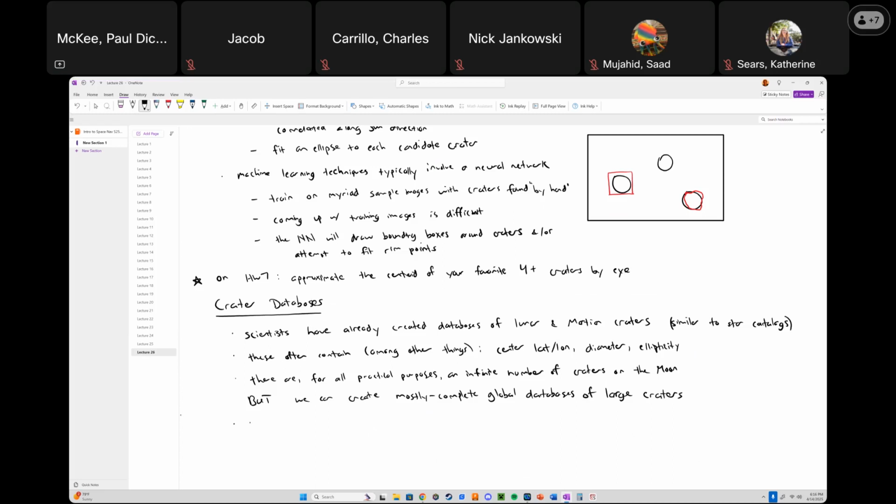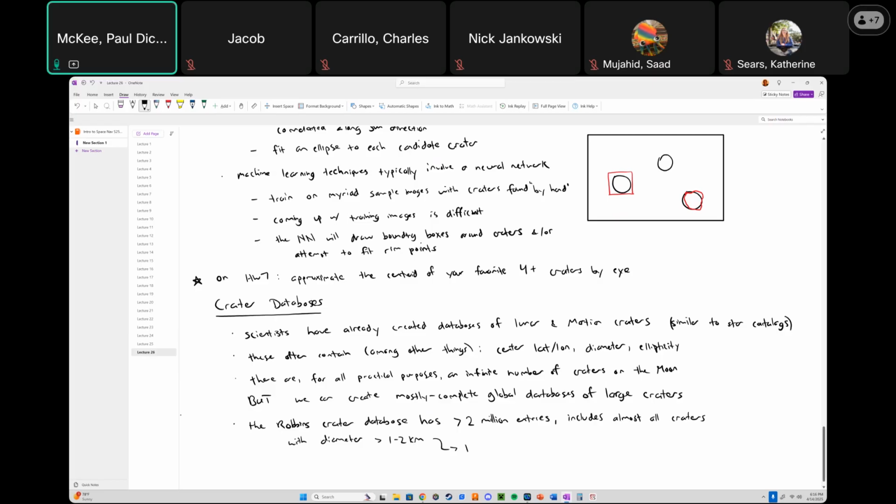So one example is what's called the Robbins Crater Database. It has more than 2 million entries, and includes almost all craters with a diameter of greater than 1 to 2 kilometers.